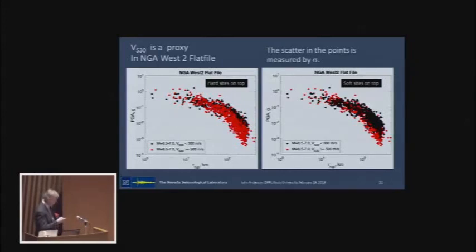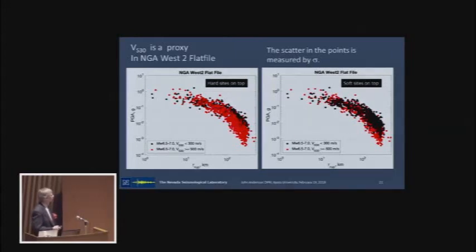So here we have magnitude 6.5 to 7 earthquakes in the database that we use for the Western U.S. The black dots on both sides represent the soft sites, and the red dots represent the relatively hard sites. On this side, the red dots are plotted on top, and on this side, the black dots are plotted on top.